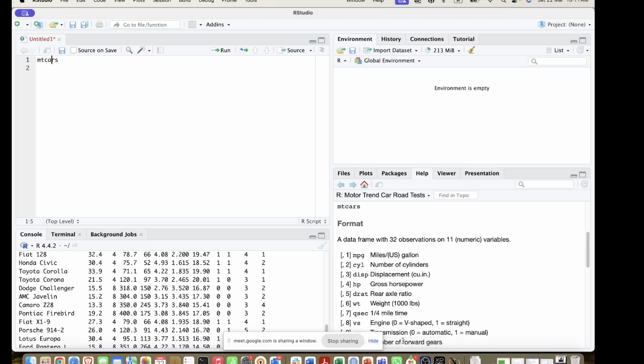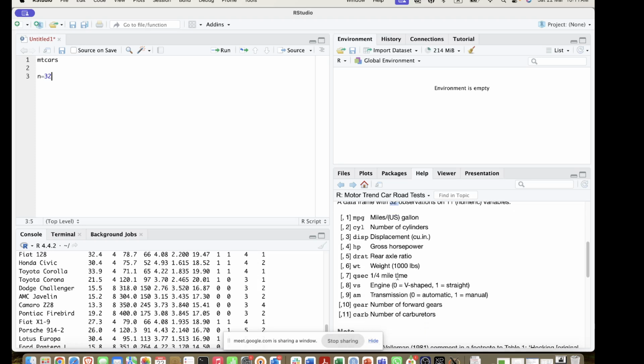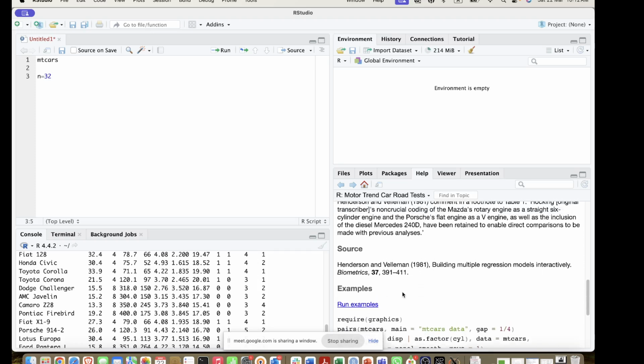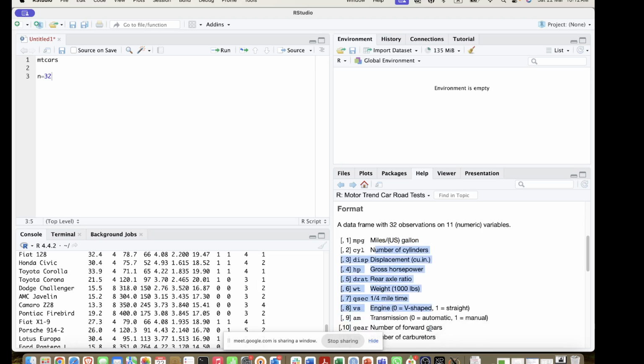This is what the data actually looks like. In total we have n equal to 32, so we have 32 observations on 11 numeric variables. And what are these? Like miles, number of cylinders, displacement, something related to cars. Okay, and it is presumed that miles per gallon is, let's say, dependent on these other variables.